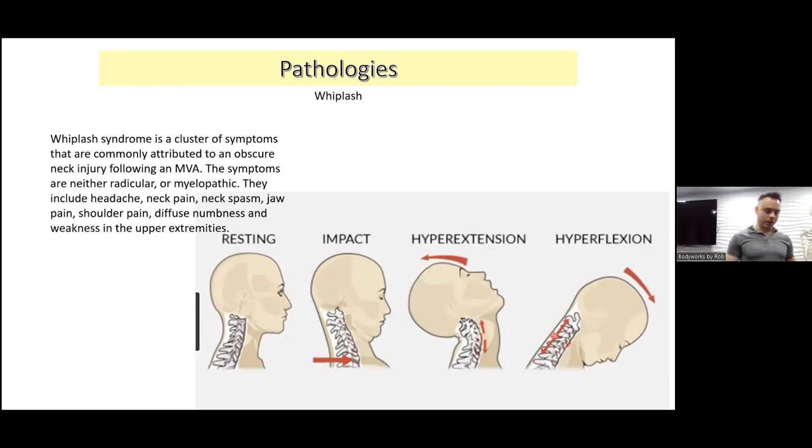Because, and this is very common, a client comes in, books a massage because their neck's hurting, and then on their paperwork says they just got in an accident 3-4 days ago, maybe even 5 days ago, right?